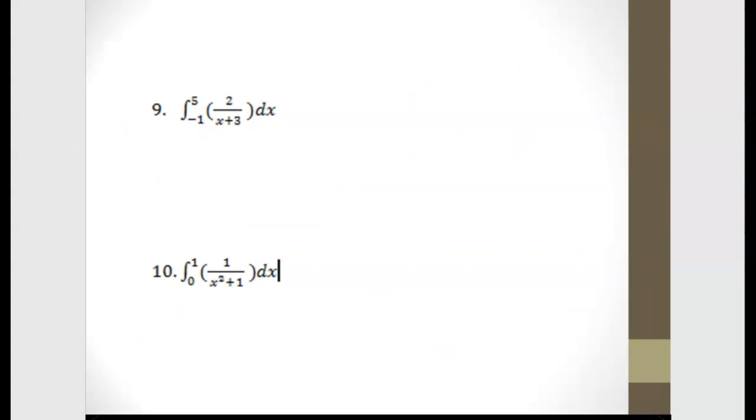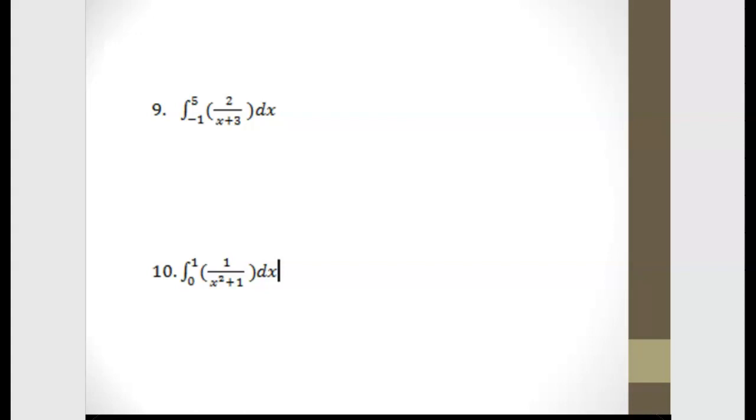Now, let's look at number 9. So we have 2 over x plus 3. So the derivative of the denominator becomes 1. So this still follows that rule, because remember at the beginning of the lesson, I said that if you had a constant, you could bring the constant out in front.